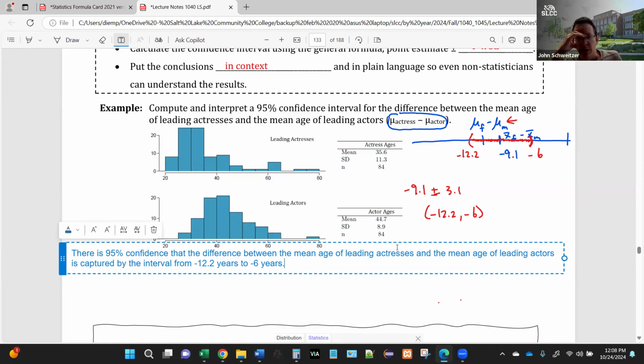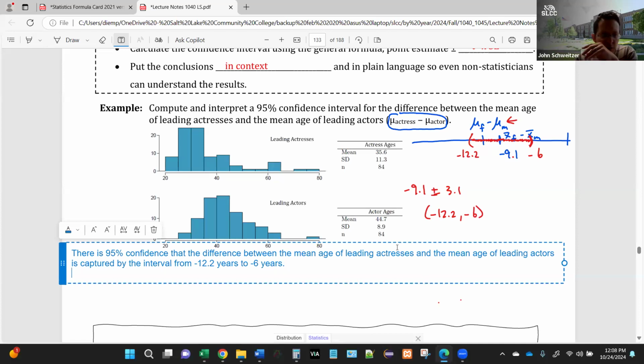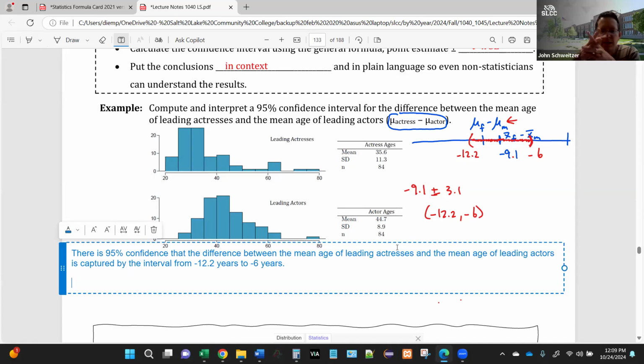But because the structure of the data is a little bit more complicated, there's a little bit more that we can think about and say here. That's a perfectly fine response, but there's a couple of other aspects I want you to think about. I want you to think about the values of this interval and whether or not 0 is included in the interval.